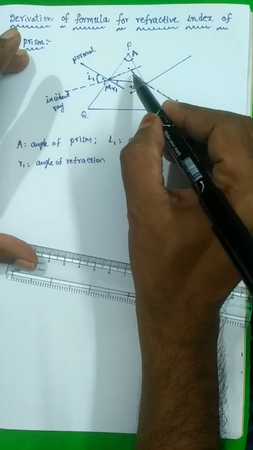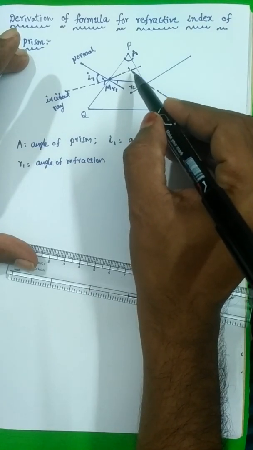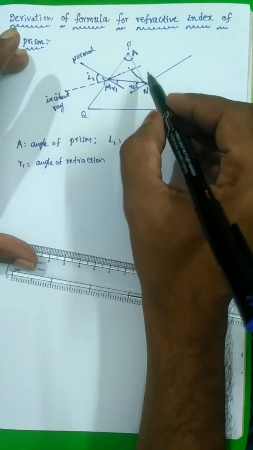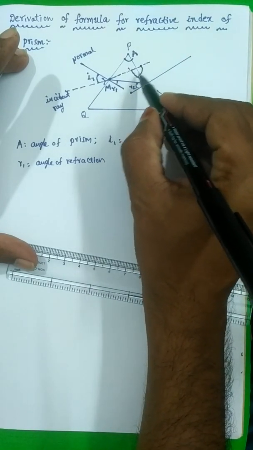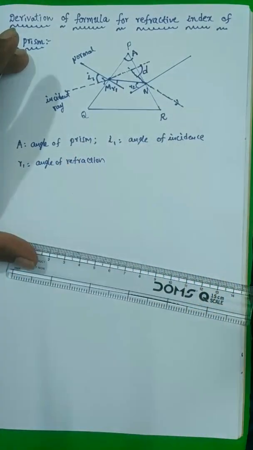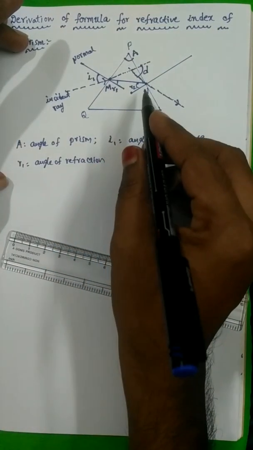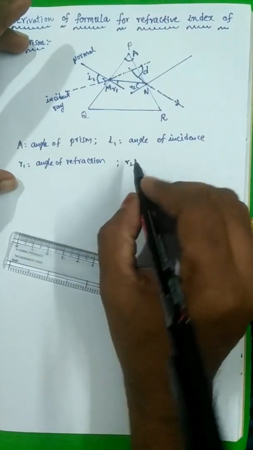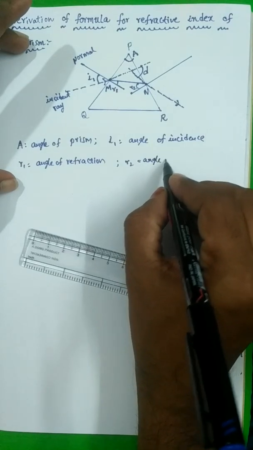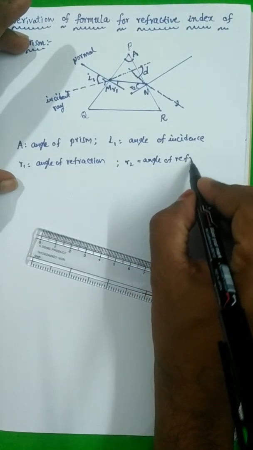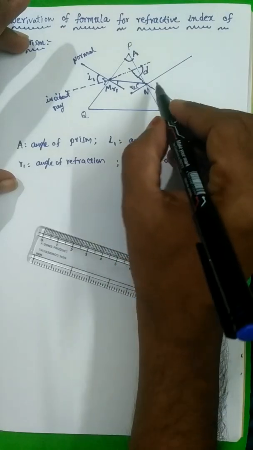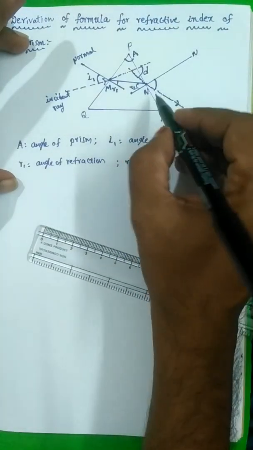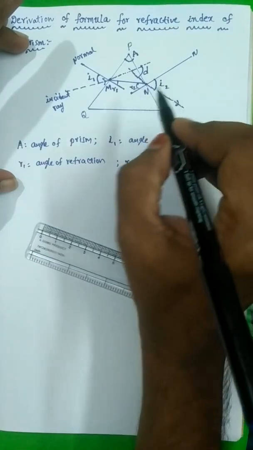Where those two intersect, the angle there is called the angle of deviation, which we call D. R2 is the angle of refraction, and the angle made by the emergent ray with this other normal we call I2.